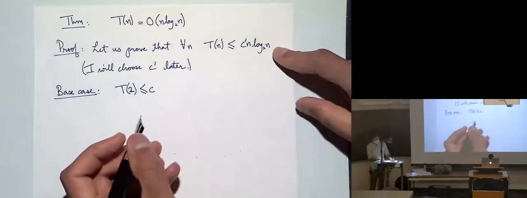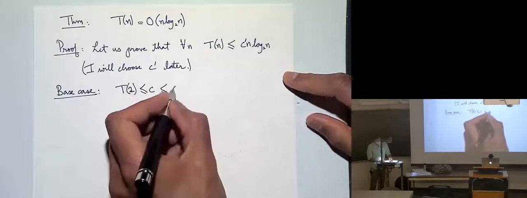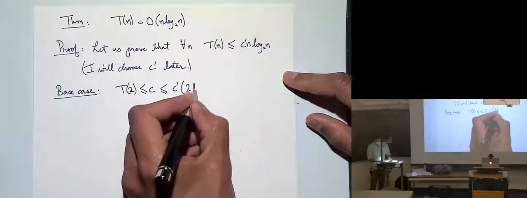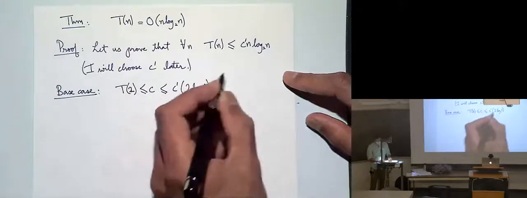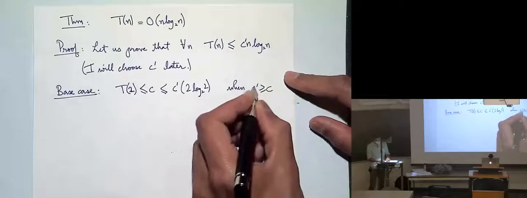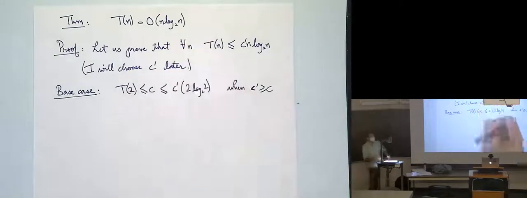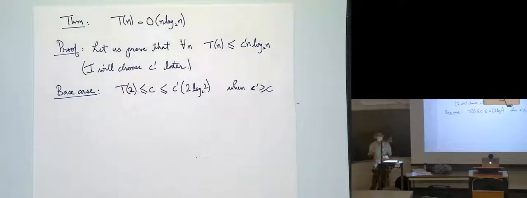And this is clearly the case over here, because this is at most C prime times 2 times log base 2 of 2, when C prime is greater than C. So I can just choose C prime to be greater than C. So you kind of have to go through the proof to figure out what the choice is, but you can choose it. Okay?